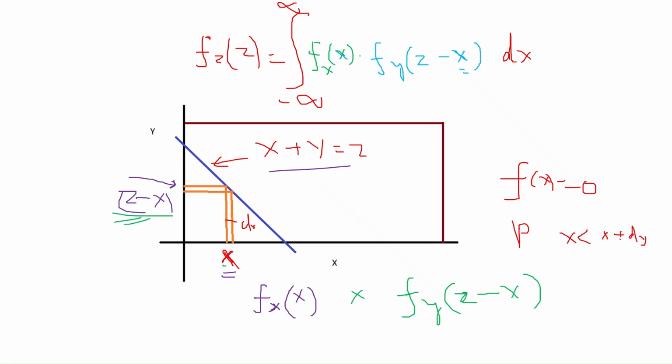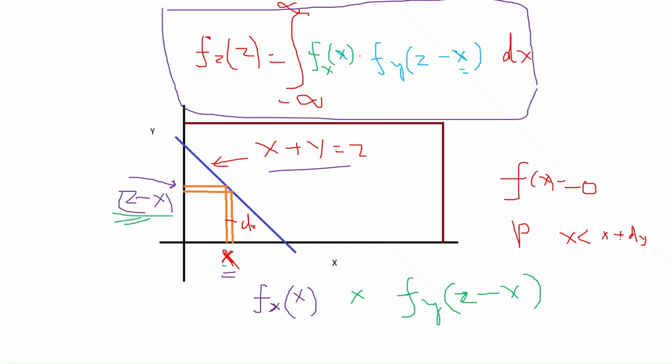But overall, this is the idea behind convolution, and this is what we'll use to solve this problem. So we have f of x, we have f of y. All we need to do is calculate the range of x and z, plug it in, and then integrate it to get the final answer.